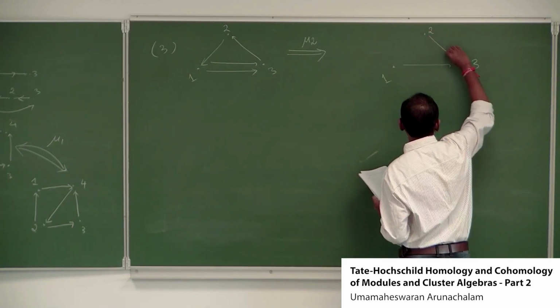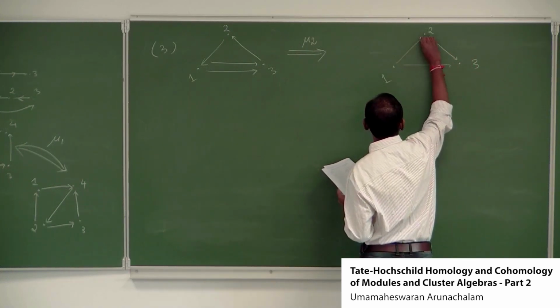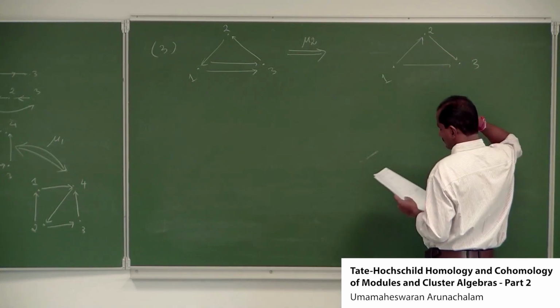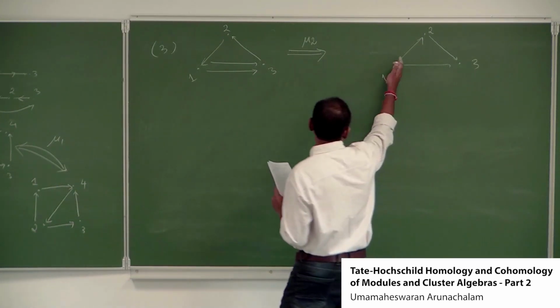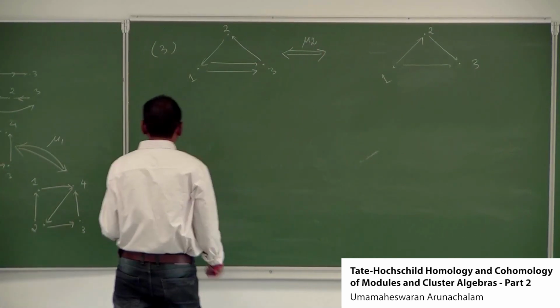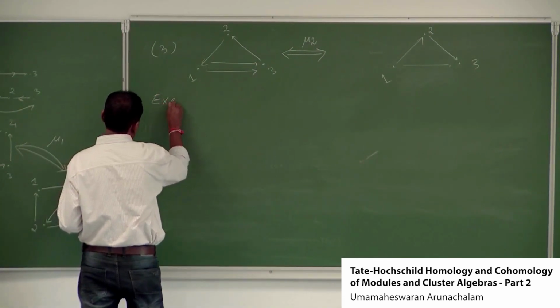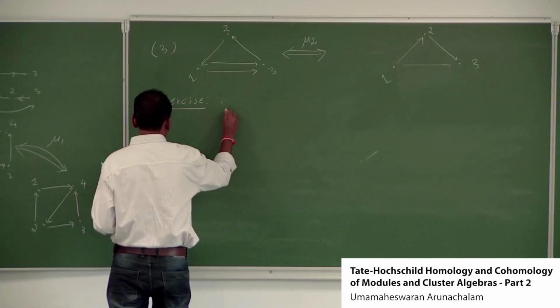Here we have to reverse the arrows 2 to 3 and 1 to 2. This is mu2. Again we can take mu2 from this diagram and we will get this one. This is if and only if. Your exercise. First your exercise.